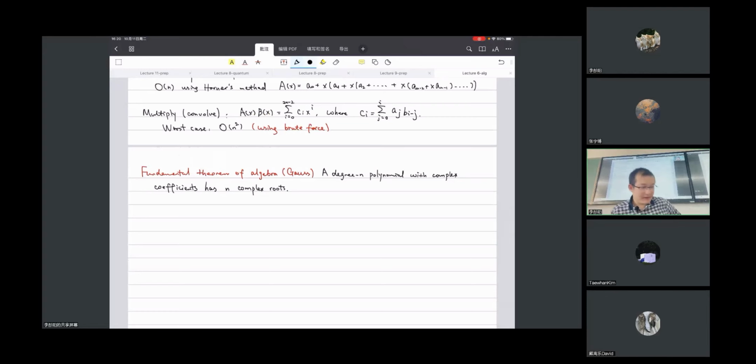This is not something we are going to prove because it is a little bit advanced. But the point is that after we have this, we take it for granted and think about what properties we are going to have when we want to consider good algorithms for polynomial multiplication. This is really a fundamental theorem. If you're interested, you can check a standard book in complex analysis.